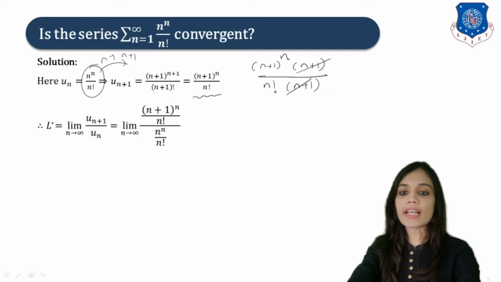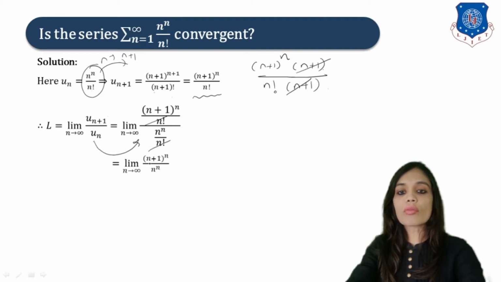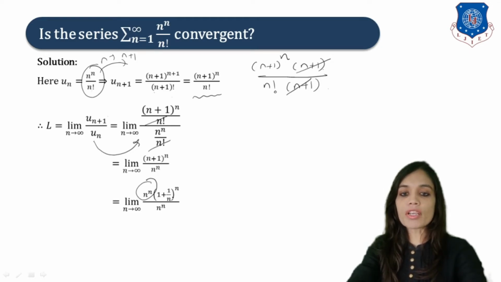Now let us find L, that is equal to limit n tends to infinity un plus 1 upon un. Put the value of un plus 1, that is n plus 1 whole raised to n upon n factorial, and the value of un, that is n raised to n upon n factorial. Now these two get cancelled out. Now you can take n common: n raised to n into 1 plus 1 upon n whole raised to n.